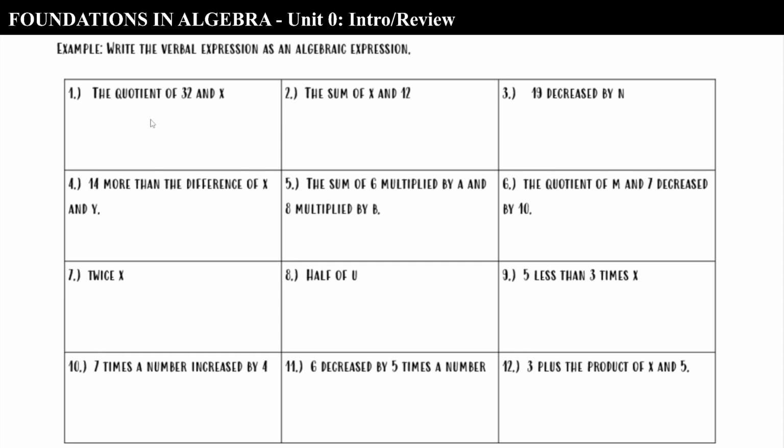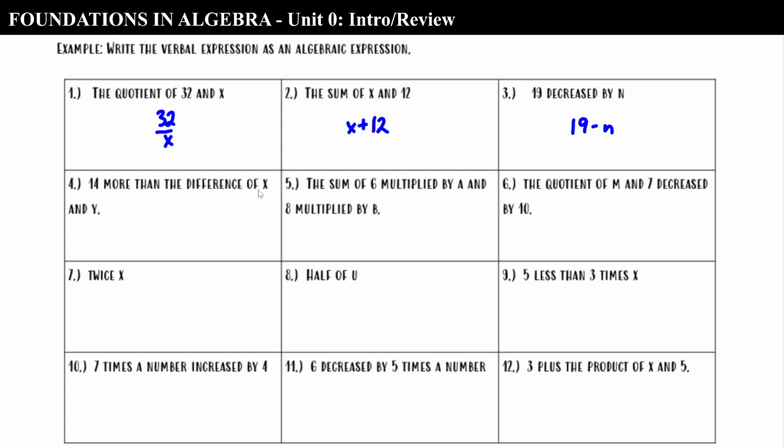The quotient of 32 and x, we simply mean 32 divided by x. The sum of x and 12 is just x plus 12. 19 decreased by n is 19 minus n. 14 more than the difference of x and y.